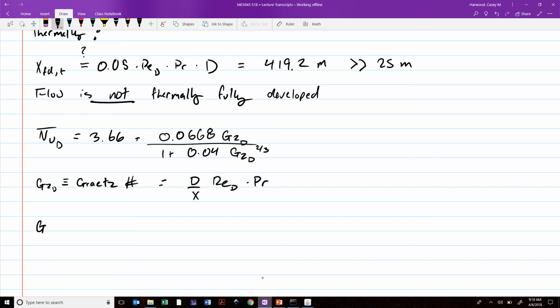So Gz based on diameter is going to be equal to 0.05 meters over 25 meters times 26.2 times 6,400, which should give us a value of 335.4. Okay.